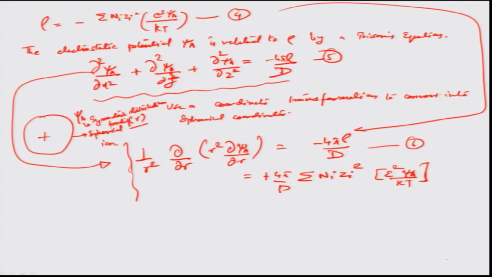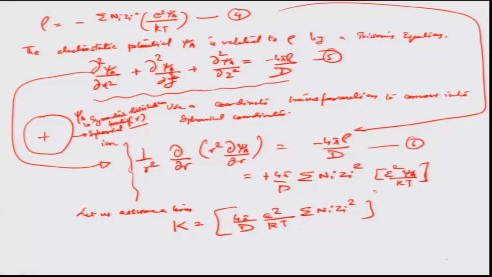So, if we want to solve it, let us assume a term capital K square, which is given as 4 pi by d times epsilon square by small k t, Boltzmann constant, times sigma ni zi squared. Just for the sake of convenience, we are assuming this is a constant.